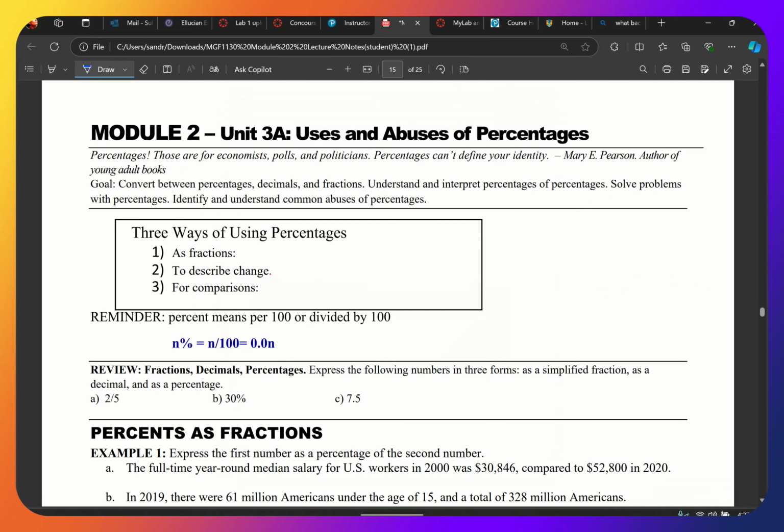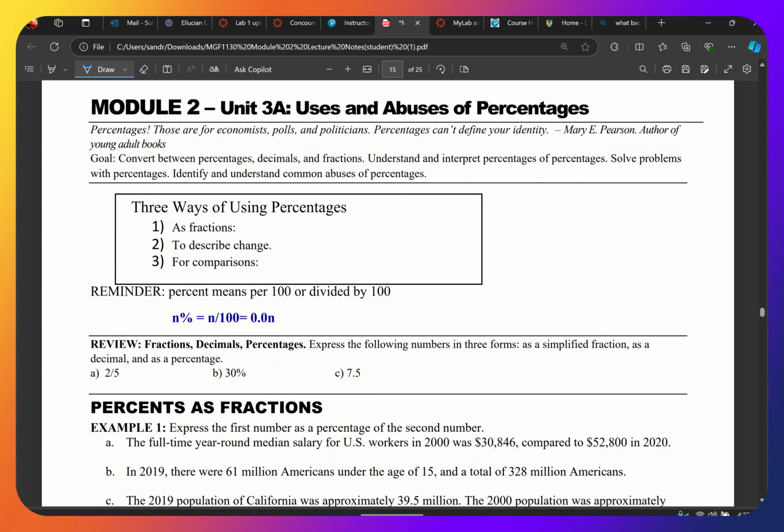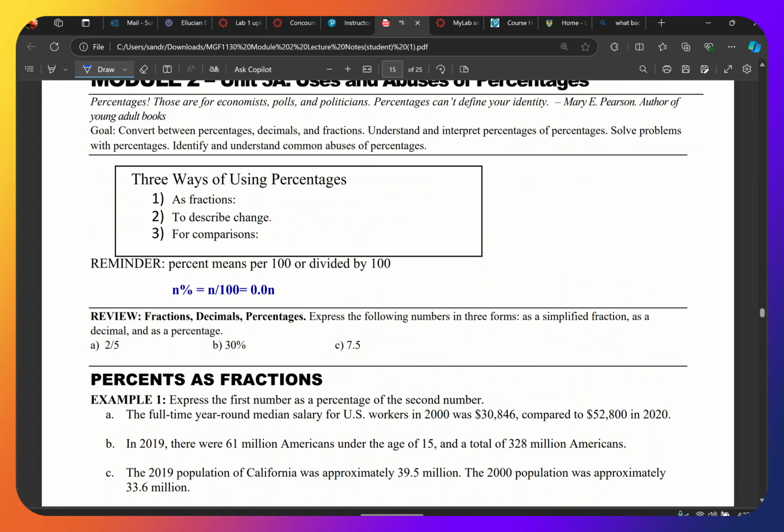Let's go back to this guy. To find the percent or the decimal from the fraction, like this one, this is written in the calculator as 2 divided by 5. That's what a fraction is. It's a division problem. It's the top number divided by the bottom.